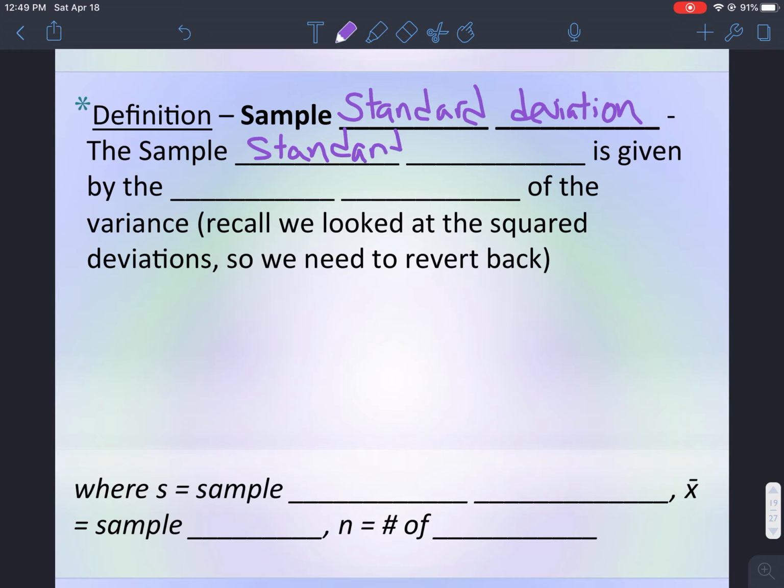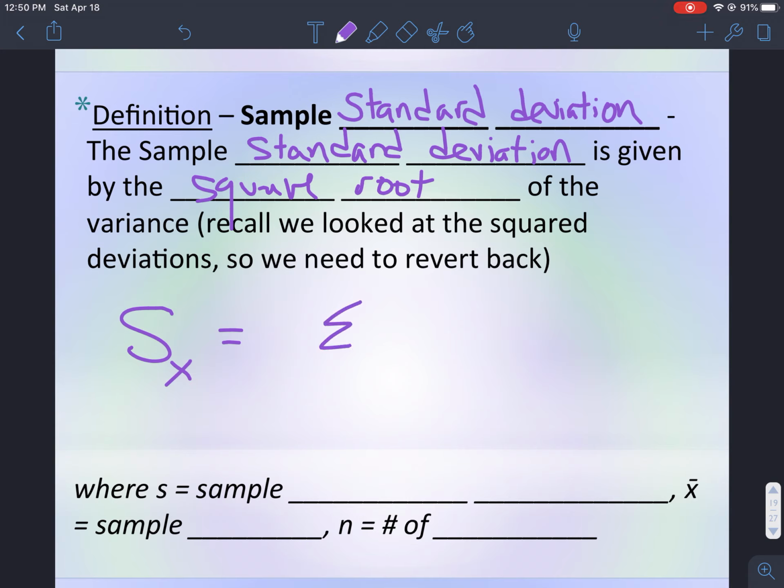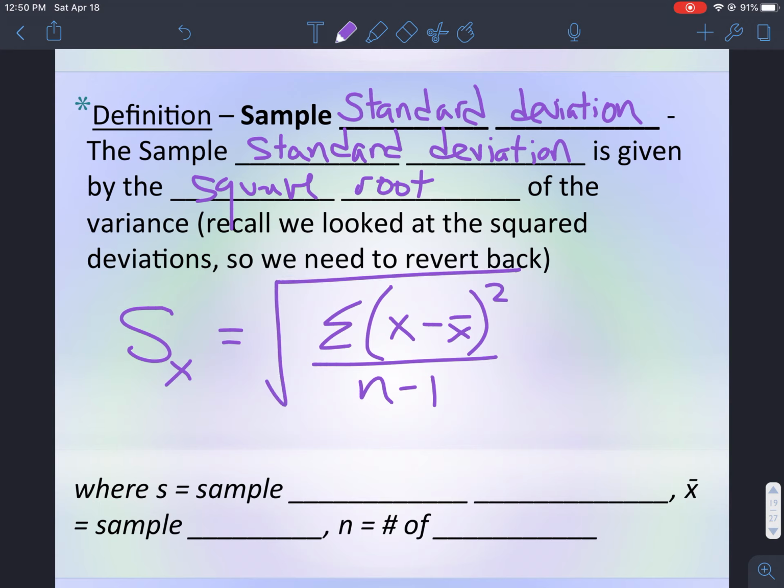The sample standard deviation is given by the square root of the variance. So s subscript x is going to be the sum of the squared deviations from the mean divided by the number of values minus 1, square rooted.